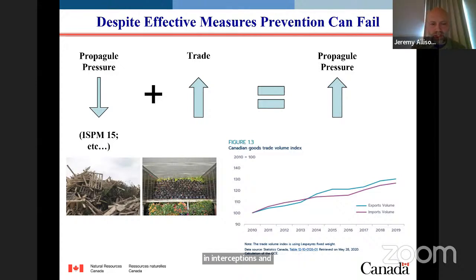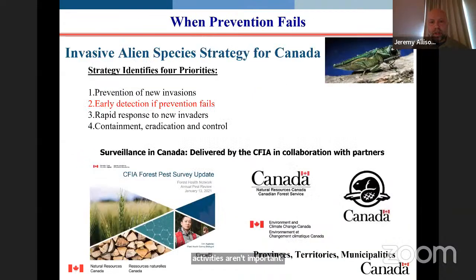So although these actions are effective and do have an impact at reducing propagule pressure, a concomitant increase in trade can result in an overall net increase in propagule pressure. It's important to remember that even though we continue to see these events, it doesn't mean that our actions and our activities aren't important. It just means it's a very challenging thing that we're trying to accomplish.